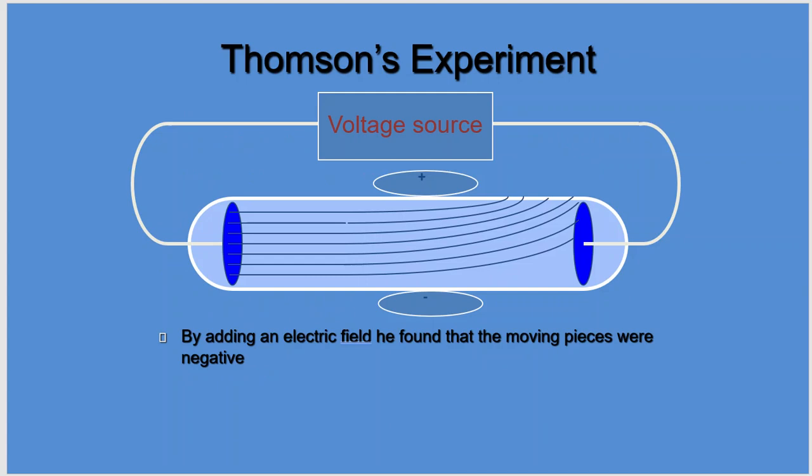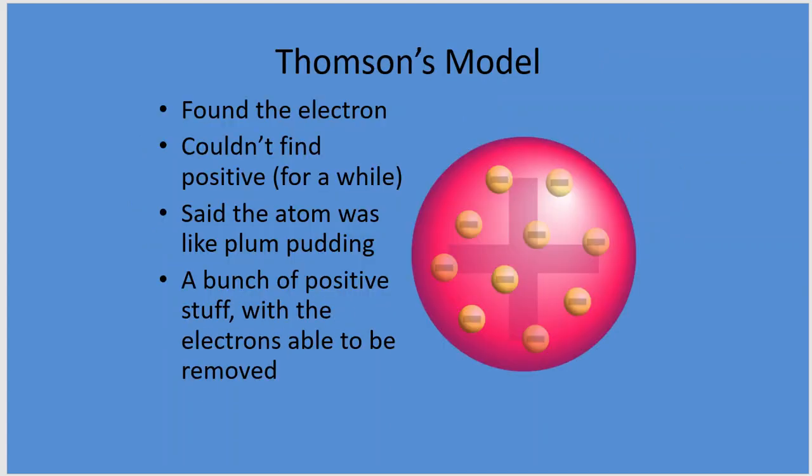Okay? So from that, he came up with an incorrect theory of what an atom looks like, but he does get credited for discovering the negatively charged electron. Okay, so that's kind of cool. All right. So what you want to remember, J.J. Thomson, cathode ray, discovered the electron. You probably don't need to know the plum pudding model, but J.J. Thomson's incorrect model of an atom was called the plum pudding model.